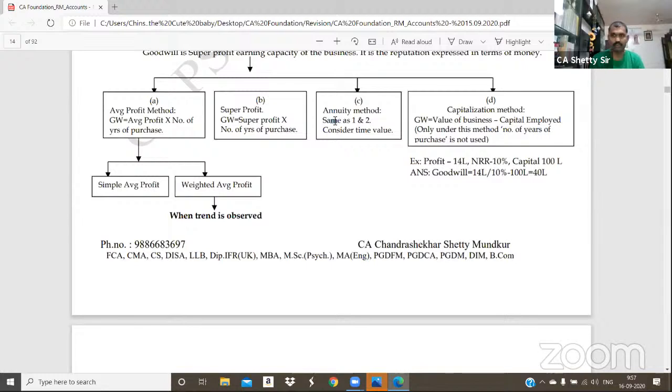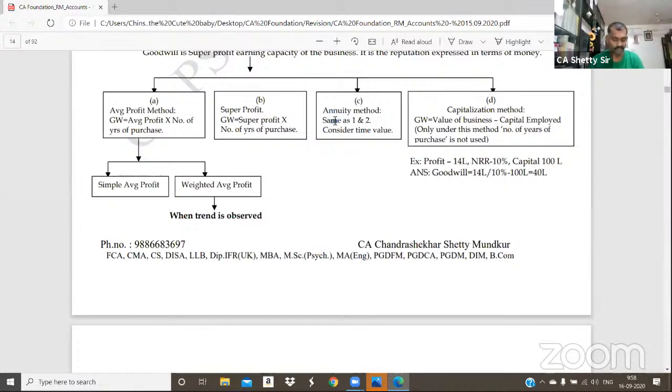Case below that, case 1. Compute goodwill at 2 years purchase of super profit. Answer.